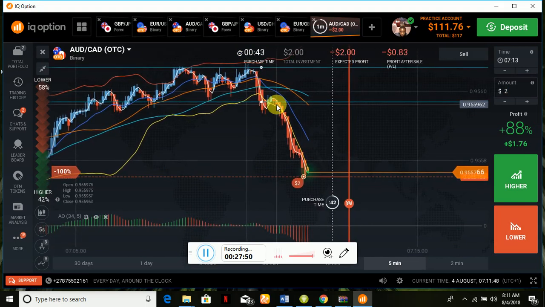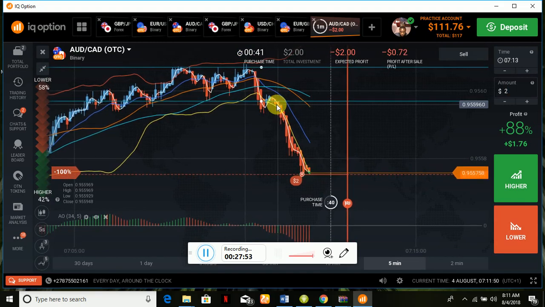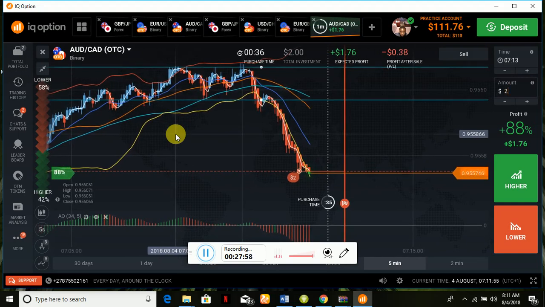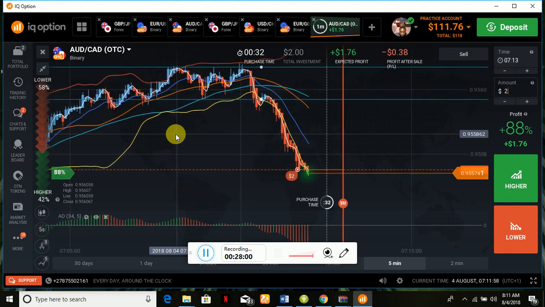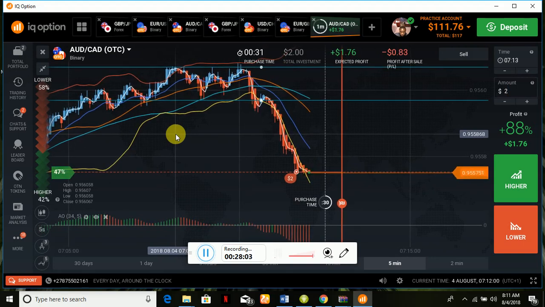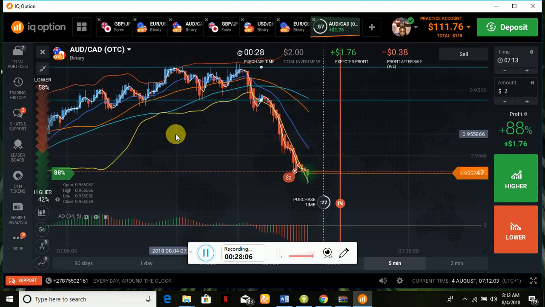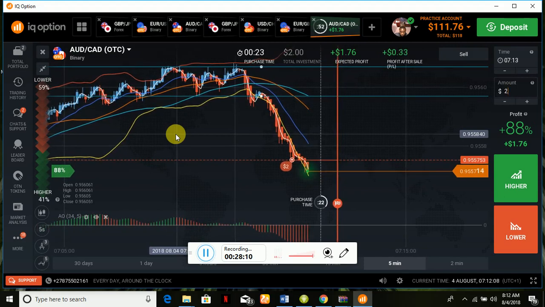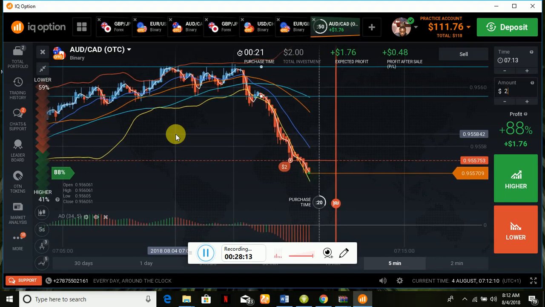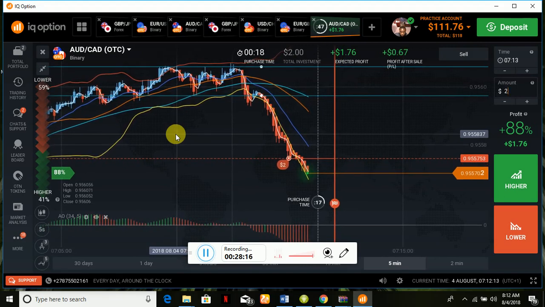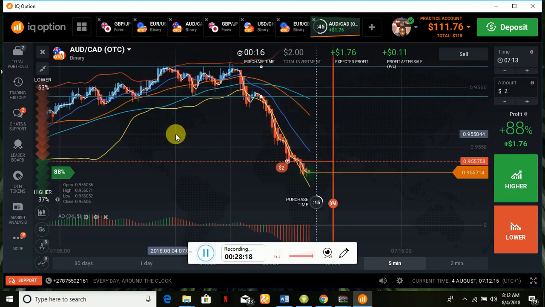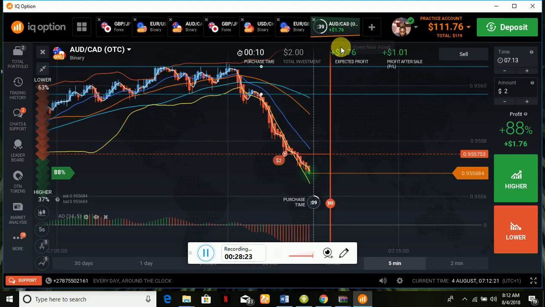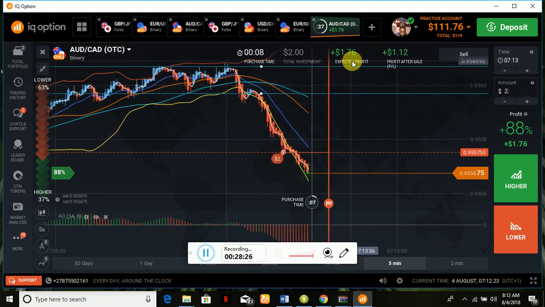Would be great if we lost this one as well, and yeah, it would be fantastic so that we can also compound again, so I can show you how it works, this compounding business. The nice thing about this is that you always stay almost at the same level where you were, because if you place your trade with $1 and then you lost that $1, then you compound by 2, that means you're gonna be getting, as you can see here, $1.76.